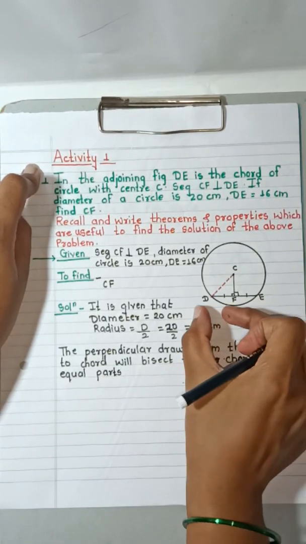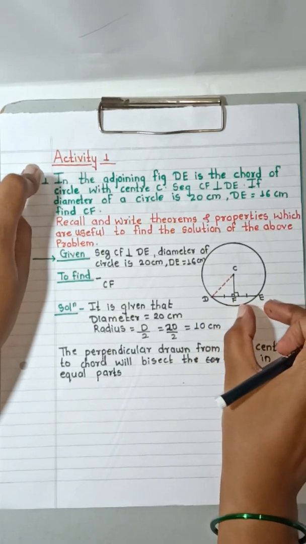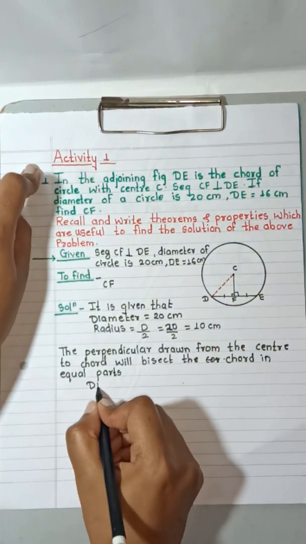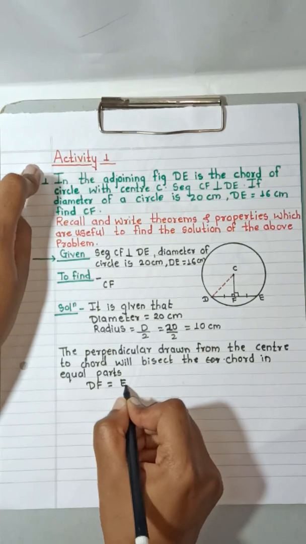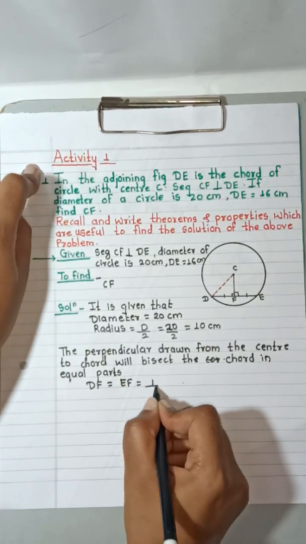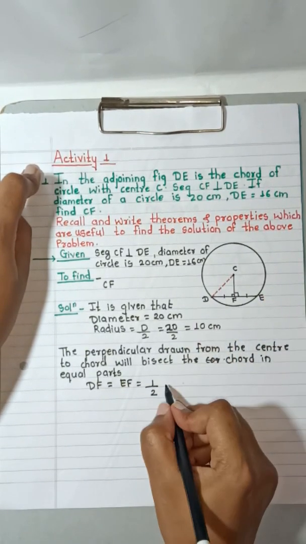That means this DF is equal to FE. Okay, I'll write down here DF is equal to EF, or FE is equal to half of the chord D.